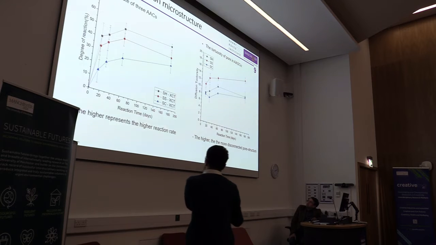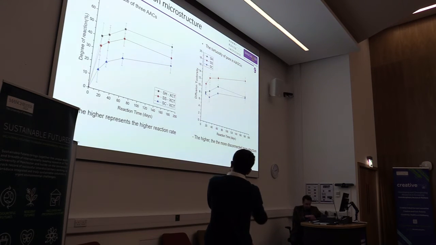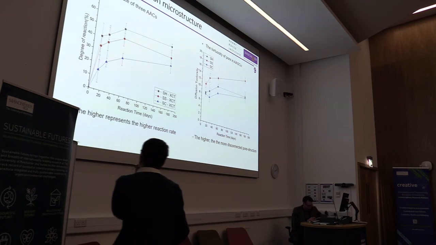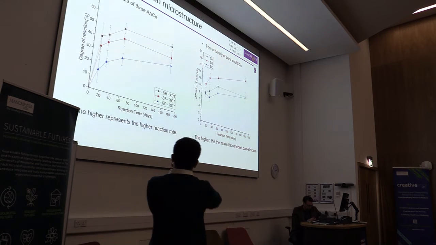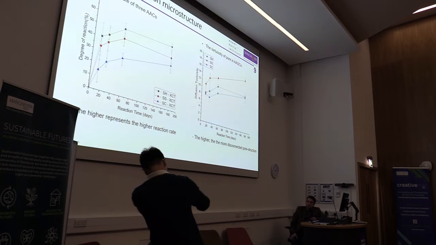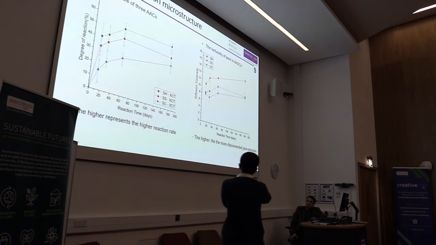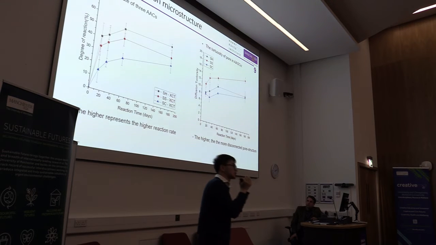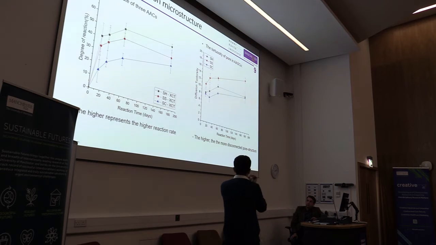By using X-ray CT quantitative analysis, we know the following. The left figure shows the reaction rate. The reaction rate is linearly proportional to the alkalinity of the three cements. And the right figure shows the pore structure. For the tortuosity, the larger value represents a more homogeneous microstructure and a more disconnected pore structure.